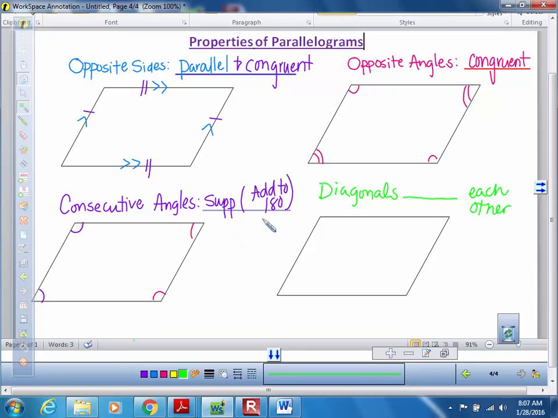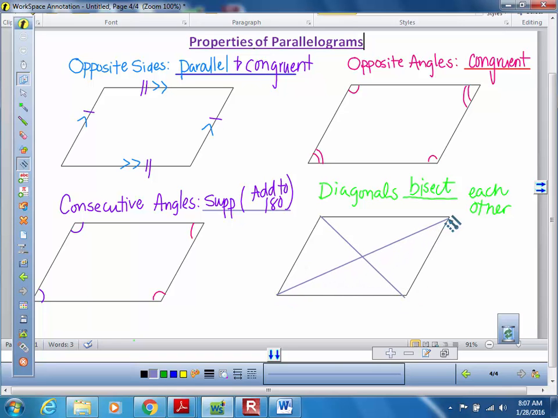The last property that a parallelogram holds is that their diagonals bisect each other. So diagonals go from one corner to the other. So if I was to draw two diagonals in this parallelogram, they would bisect each other.